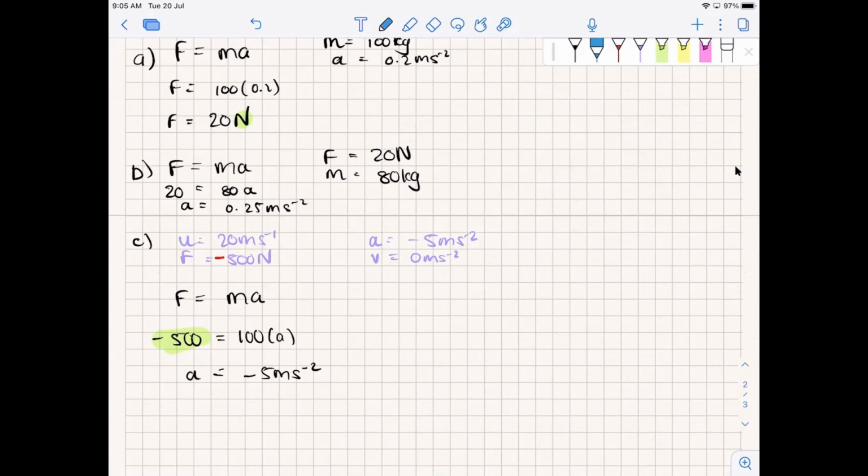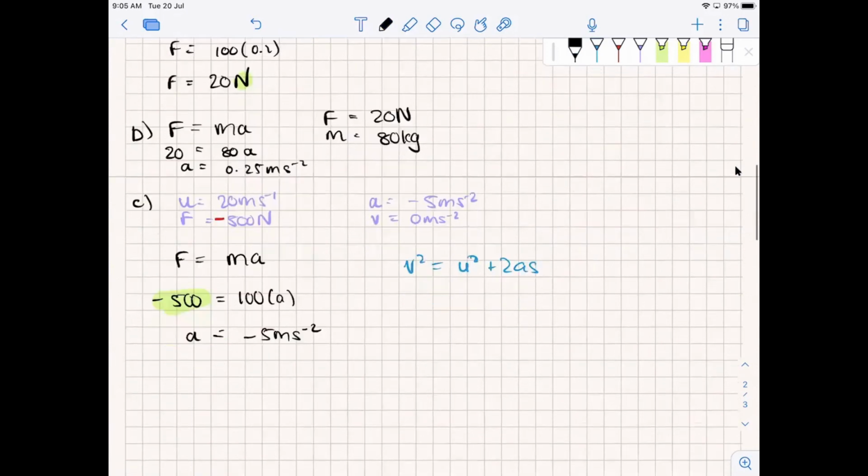We can use v squared equals u squared plus 2as. Yes, you're right, it's 2as. So try to memorize these if you can. It does make it a lot easier, because then you don't have to go and look. You should just know.